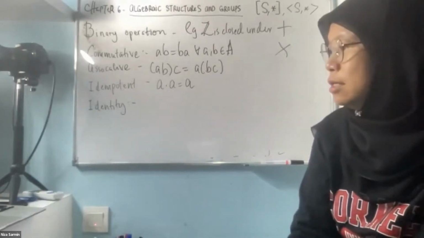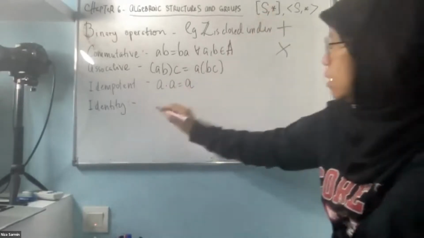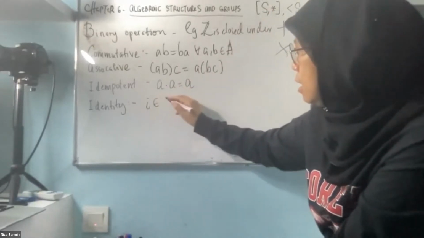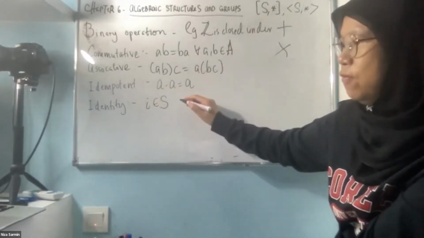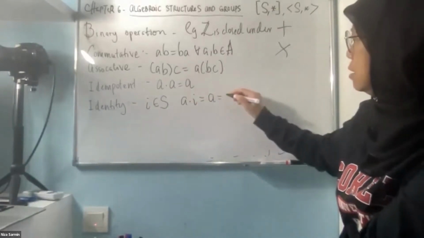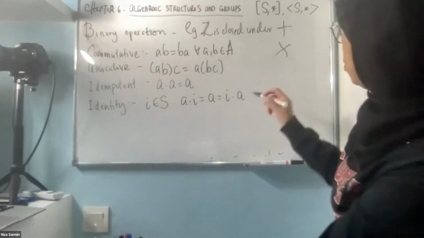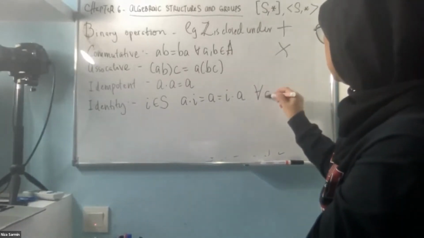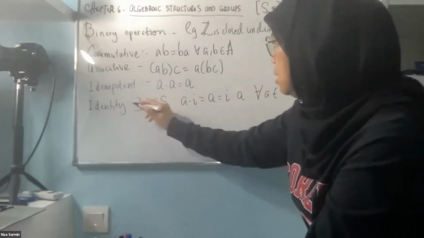So identity: if you have this algebraic structure, then we say I in S is an identity if A dot I is A and I dot A is also A for all A in S. This one is there exists.